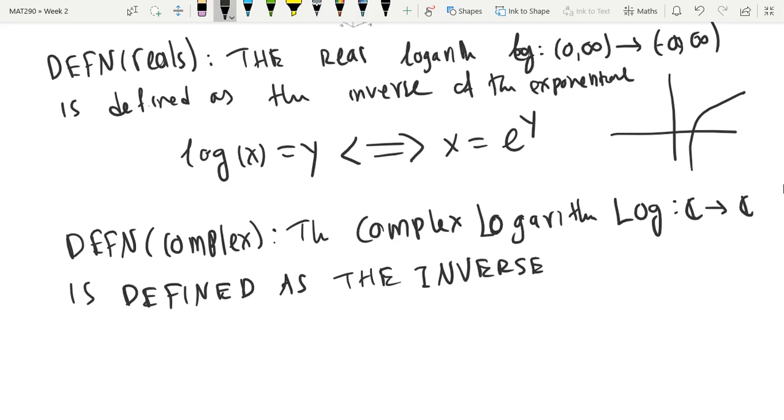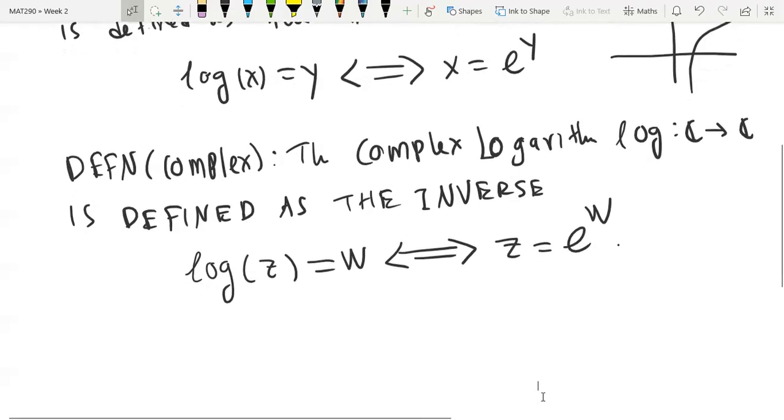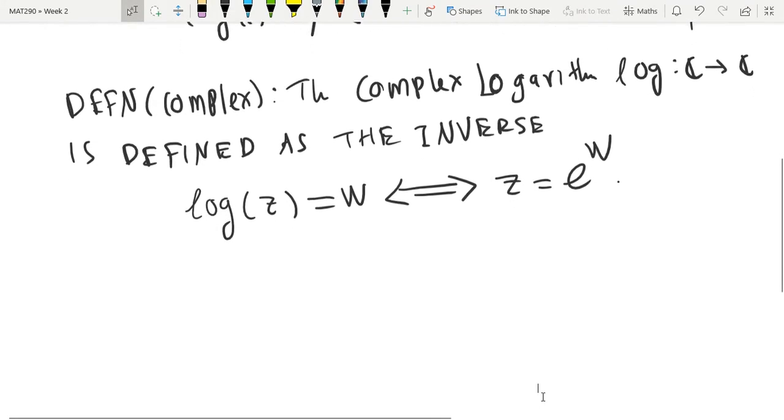So log of z is equal to w if and only if z is equal to e to the w. Okay, so that's the definition.